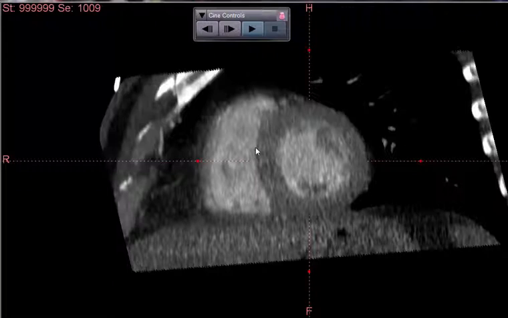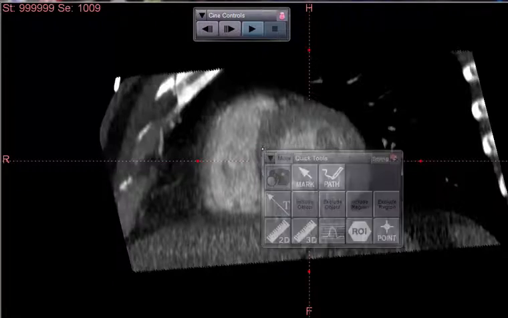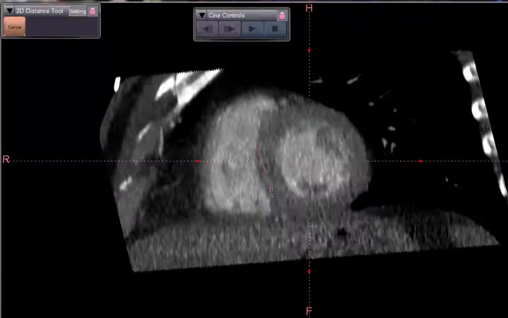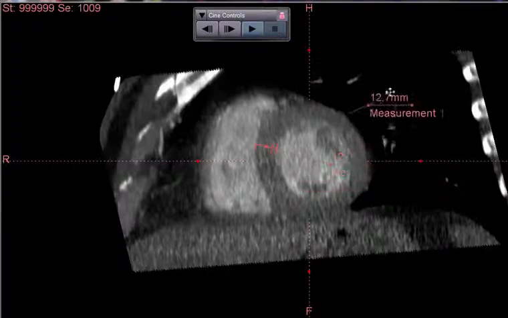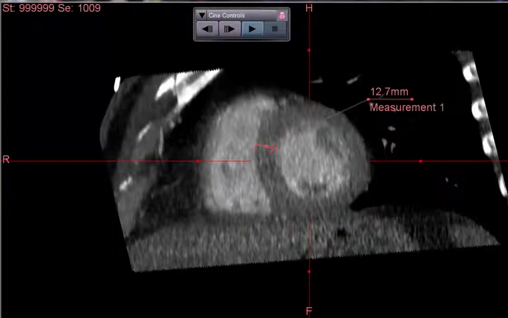I'm going to go to the septum here and pull up the 2D tool and then try to get an approximate end diastolic measurement here, getting about 12.7 millimeters. Upper limits of normal is about 10, so this is moderate hypertrophy. Let's take a measurement of the lateral wall. Same thing here.